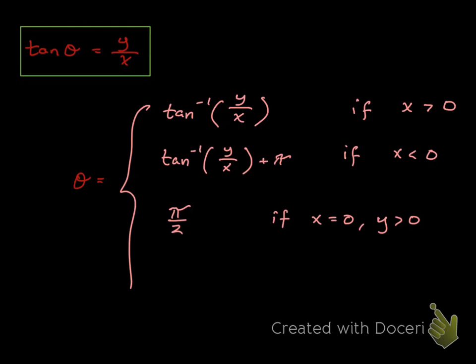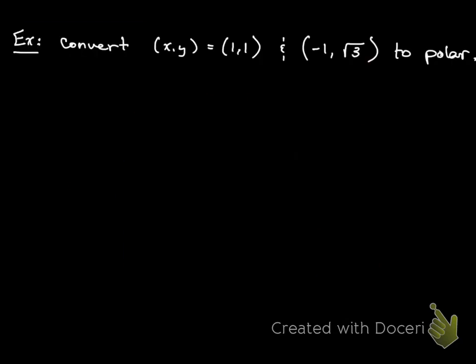We can be on the negative y-axis, or an angle of minus pi over 2, if x is 0 and y is negative, okay? So try to keep this in mind. You can go back and look at your notes here when we're working through these conversions next. But I will use this kind of formula to figure out what theta is when converting from rectangular to polar. First, let's convert these rectangular coordinates to polar coordinates.